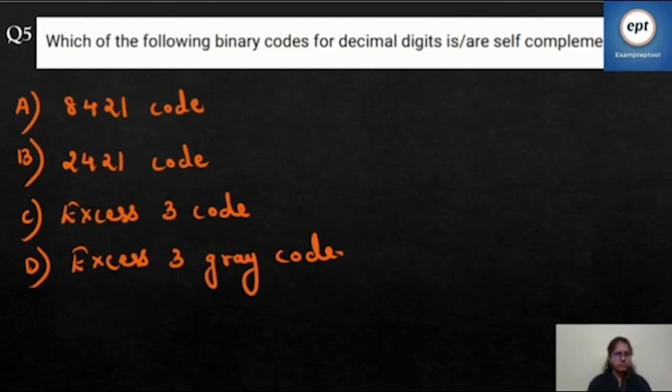Okay, so let's see first what is self-complementing. Let's write the solution in the next page.